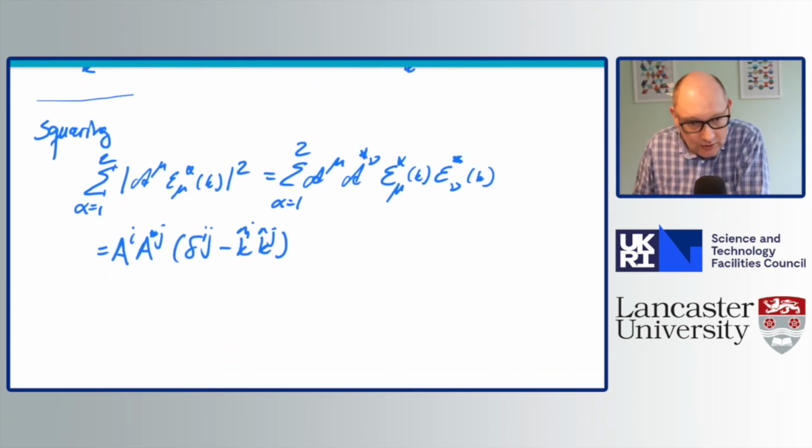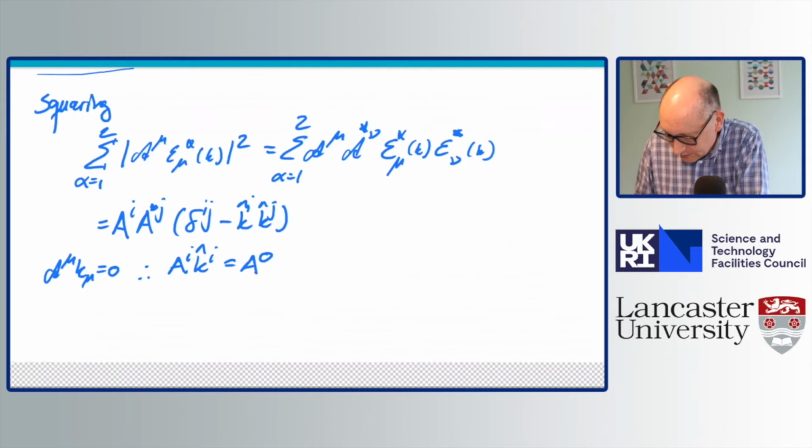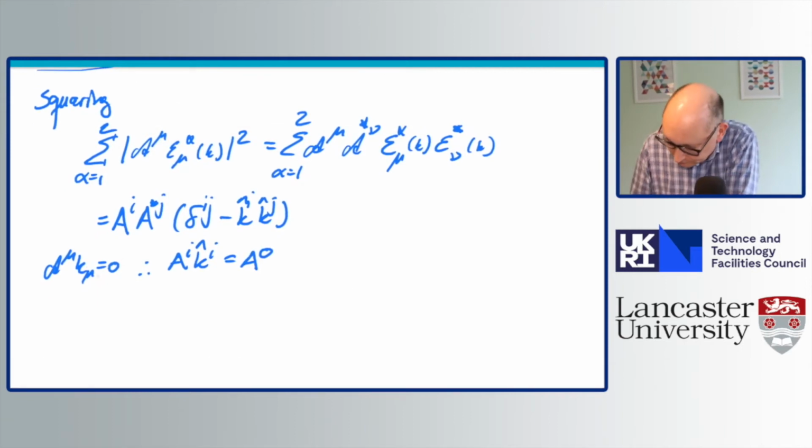Now the equation A mu k mu equal to 0 implies that A i contracted with k i is equal to A0 k0, right? Because the only difference between A mu k mu and A i k i is that the 0th component is included in A mu k mu, and it's not included in A i k i.